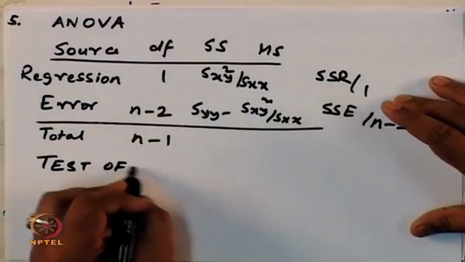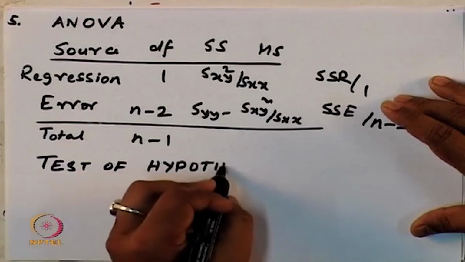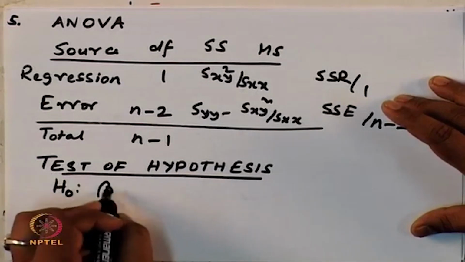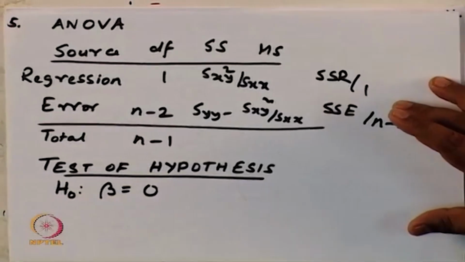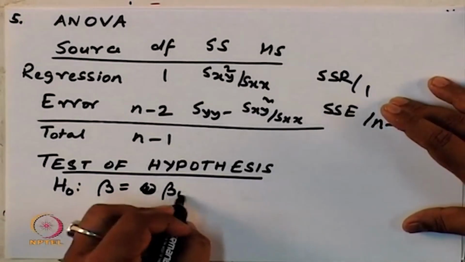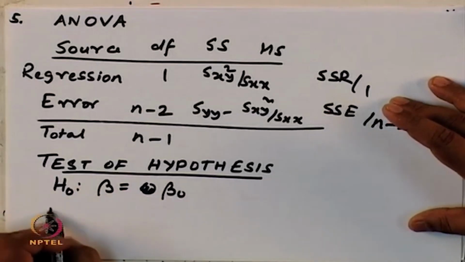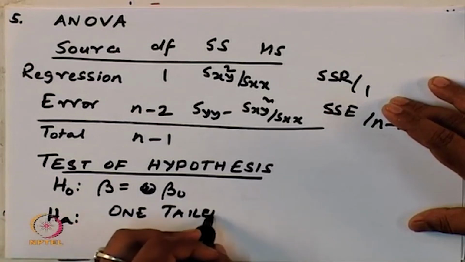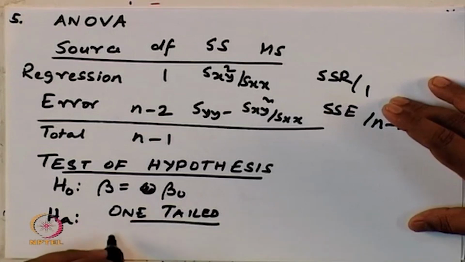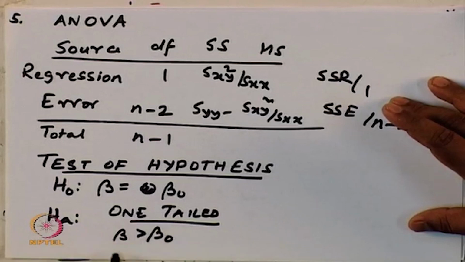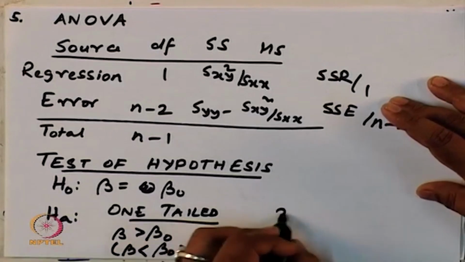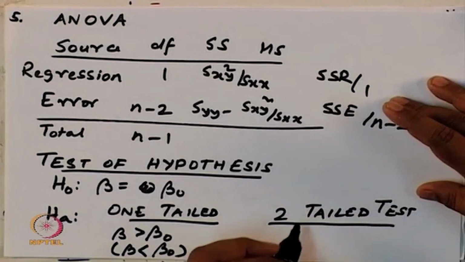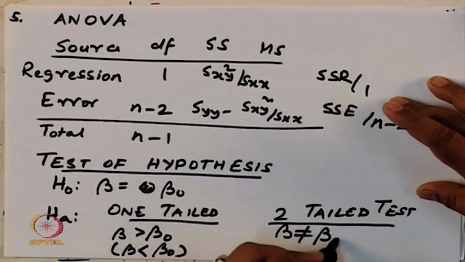You can write down the test of hypothesis as saying H naught is beta equal to 0, let us say, or in general you can say beta equal to beta naught, and alternative hypothesis H A. So, for a one tail test, you can write down beta is either greater than beta naught or beta is less than beta naught, or for a two tail test, you can write beta not equal to beta naught.